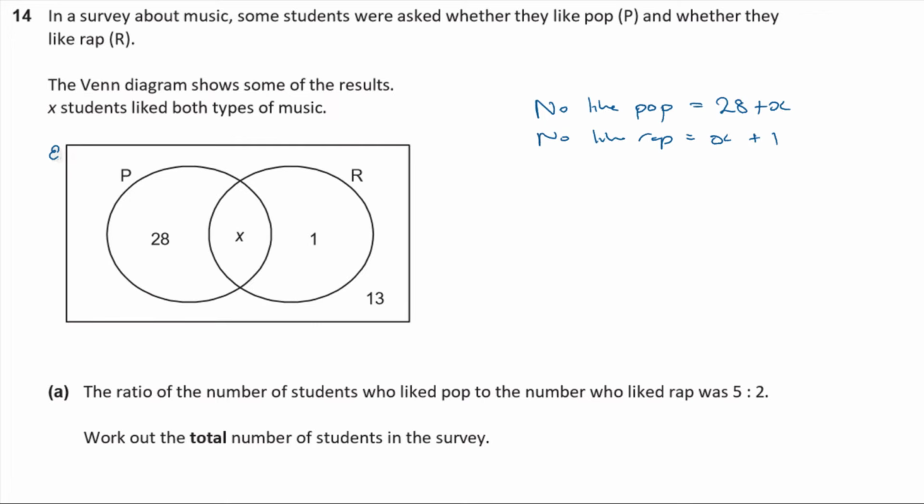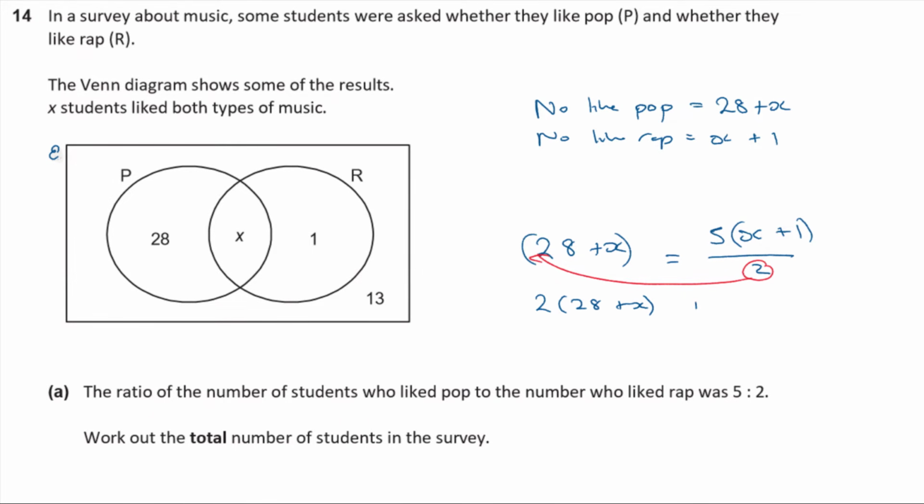So if they're in the ratio of 5 to 2, that means if I took the number who liked rap and I multiplied it by 5 and divided by 2, I would get the number of people who liked pop. Okay, does that make sense? So then just cross multiplying that 2 over here, I'm going to get 2 lots of 28 plus x is equal to 5 times x plus 1.